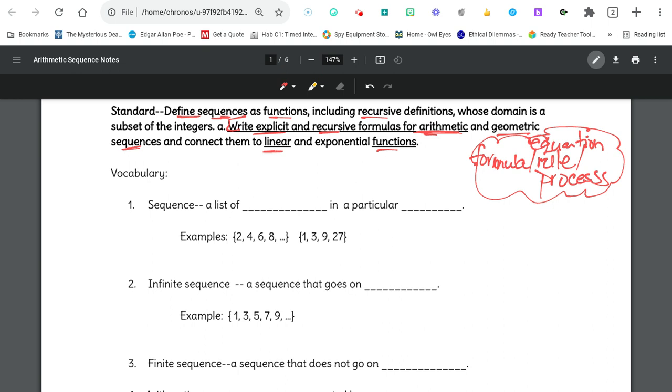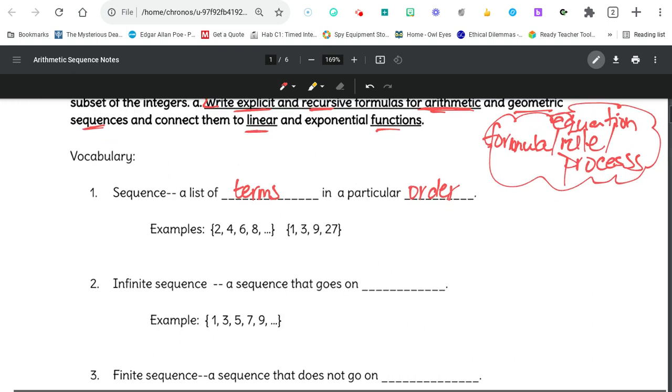A sequence is a list of what we call terms, or numbers, in a particular order. When I say terms, I'm talking about numbers. For example, 2, 4, 6, 8, they're in a particular order. 1, 3, 9, 27, they're in a particular order.